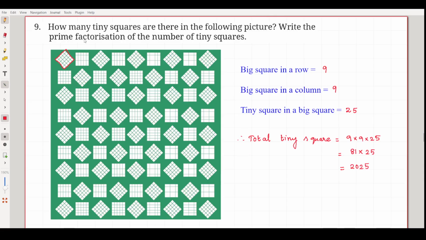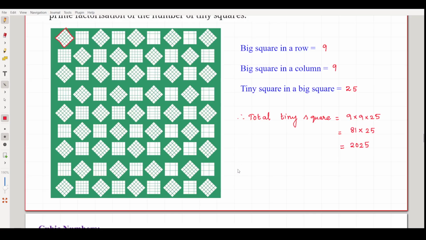Next they are asking, write the prime factorization of the tiny squares. Either you go with the L method, or for 2025 we already have the numbers here: 9 into 9 into 25.